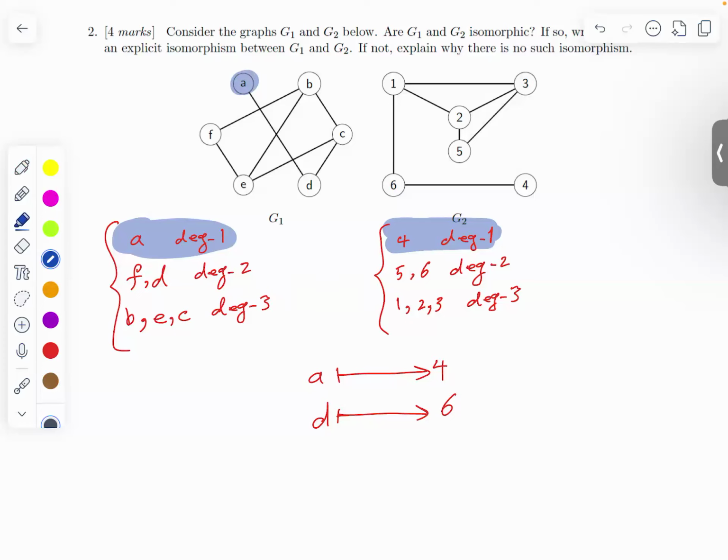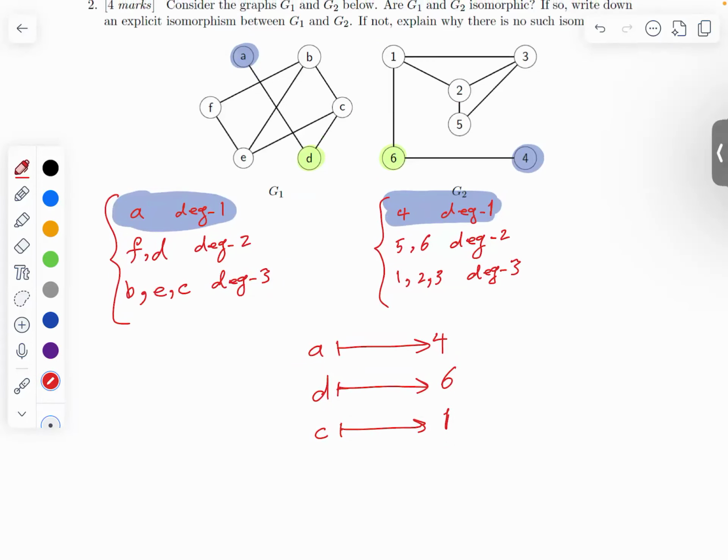So A was 4, D is 6. Now, from 6 it goes to 1, and from D here it goes to C. So C goes to 1.